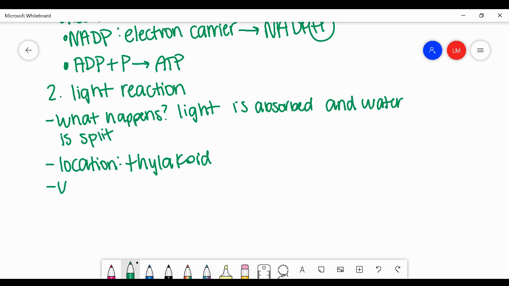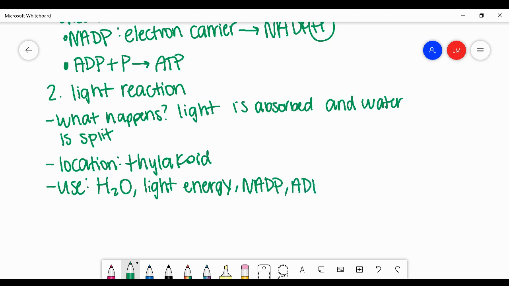During the light reaction, we are going to use water, light energy, we're going to use NADP to take on the electrons from the water, and we're going to use ADP because we need to make a little bit of energy.